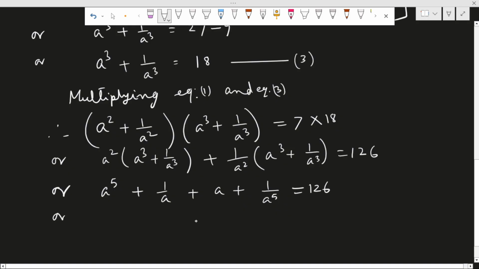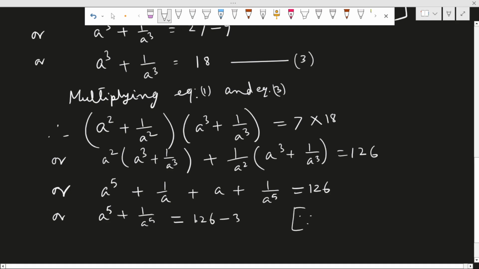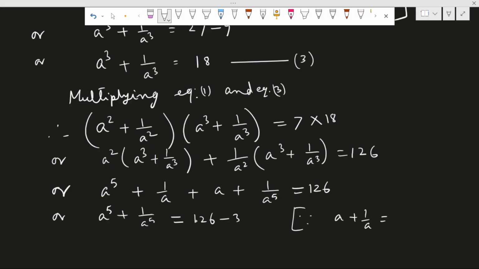Now grouping, this is grouped by a plus 1 by a, then the value of a plus 1 by a is equal to 3. Transposing that, 126 minus 3, here writing a plus 1 by a is equal to 3.